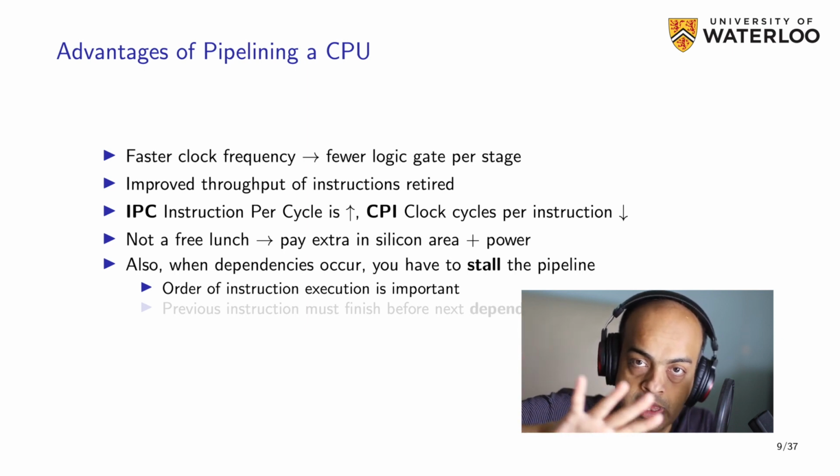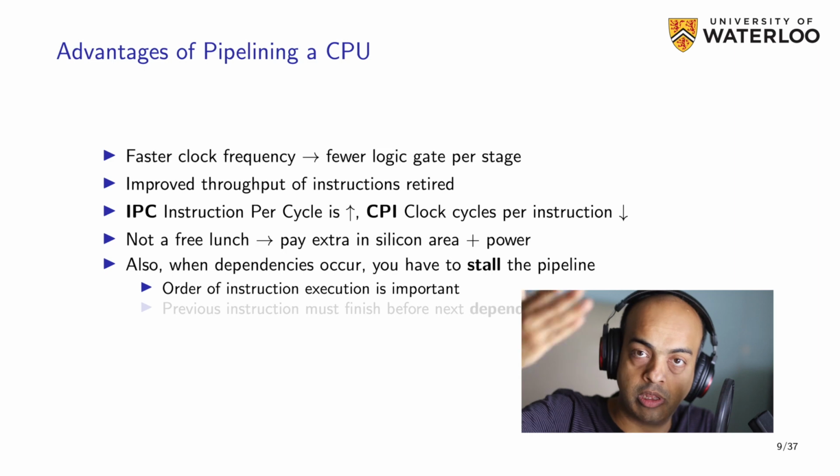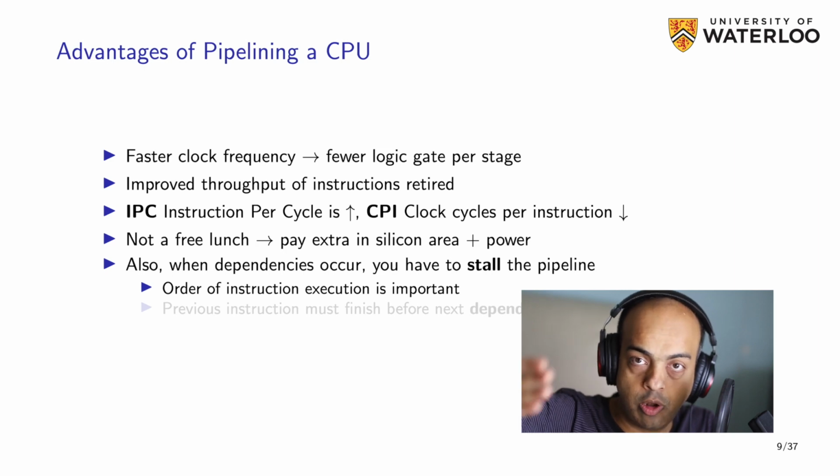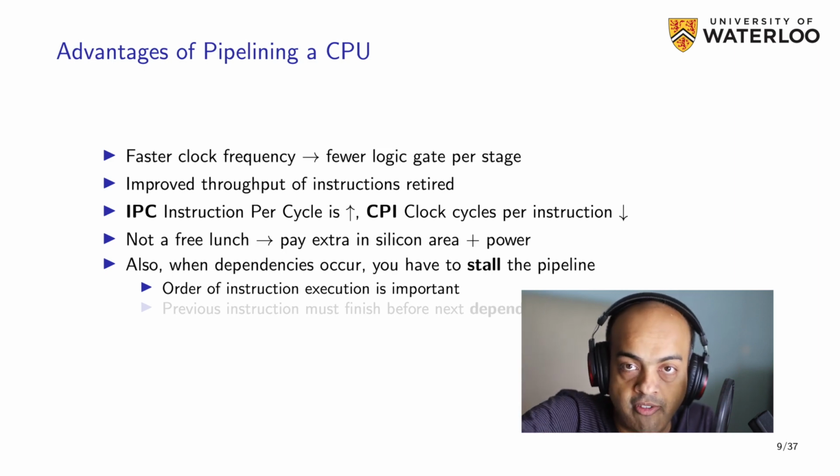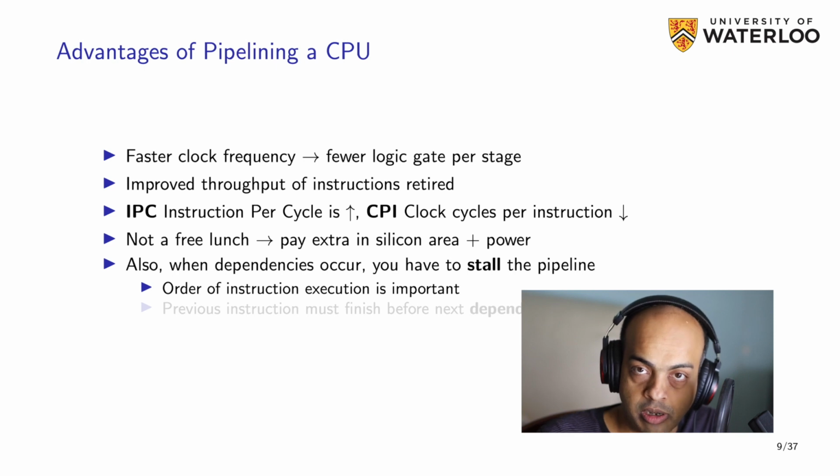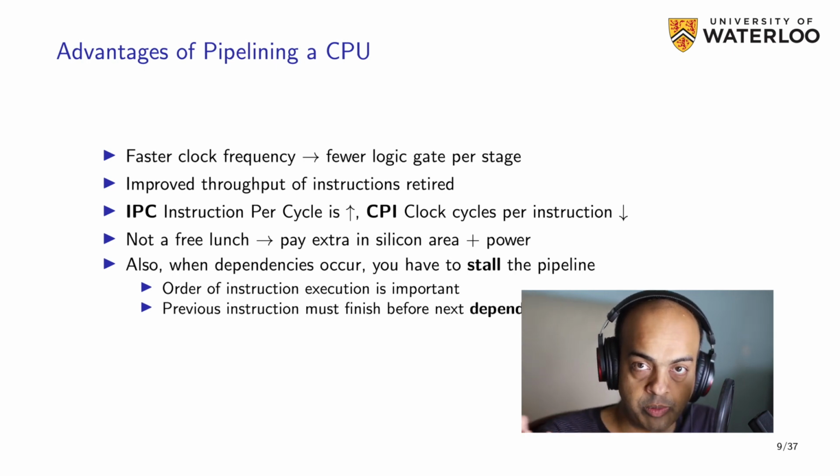So what's already in the pipeline continues, but nothing new enters the pipeline, right? And you continue the stall until you have what you need to resume computation, right? So usually this means that you're waiting for dependent instructions to finish, and once the results are ready, you can resume, right? So the stall can be withdrawn once all the dependencies are obeyed.